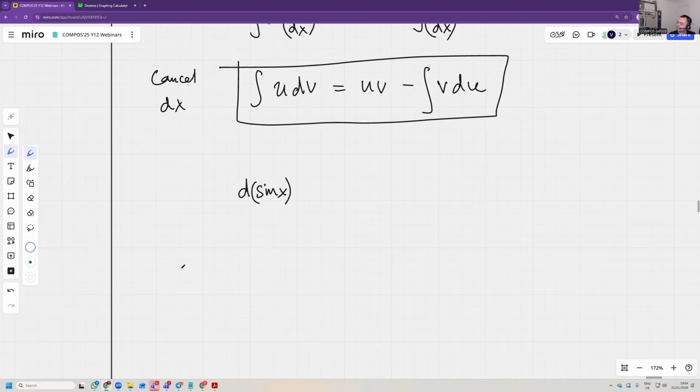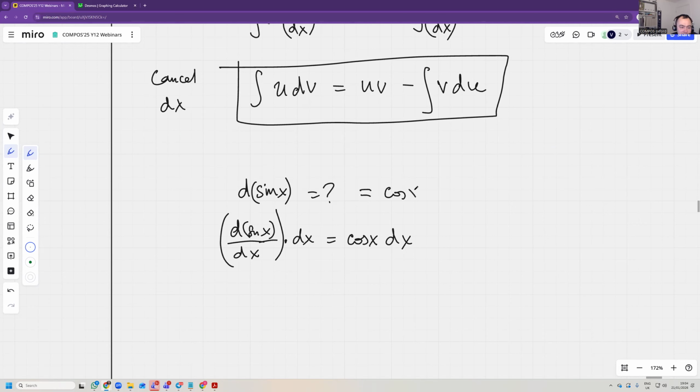Well, to answer this question, you can do d sine x over dx multiplied by dx, right? So you divide by dx and multiply by dx. And then you know the derivative of sine x is in fact cos x. So d sine x is simply cos x dx.